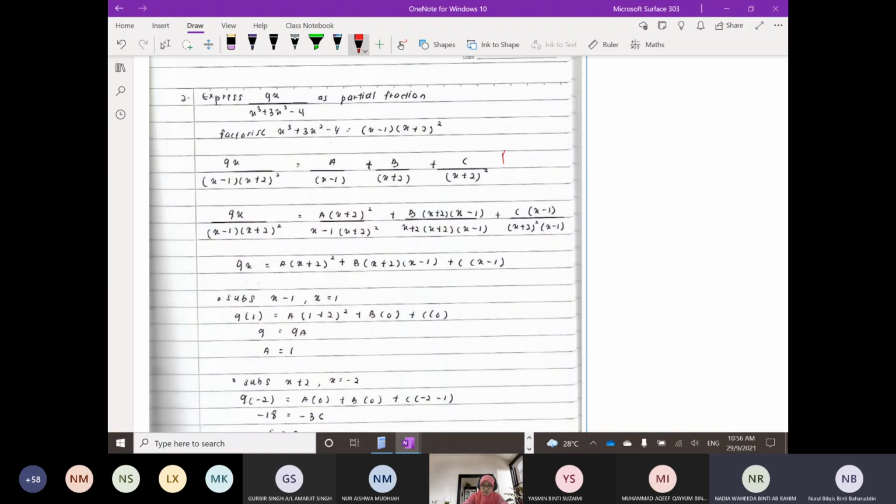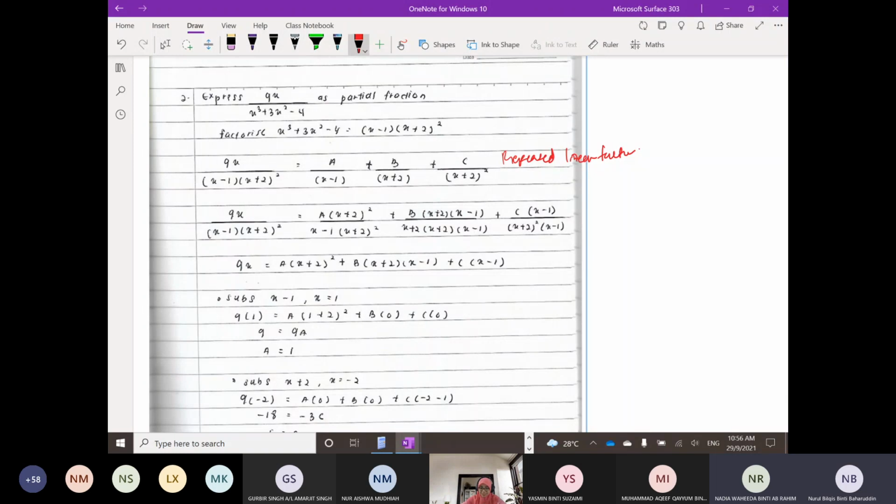Okay, repeated linear factor. How you know it is repeated linear factor? Sebab power of 2 tu dia kat luar kurungan.